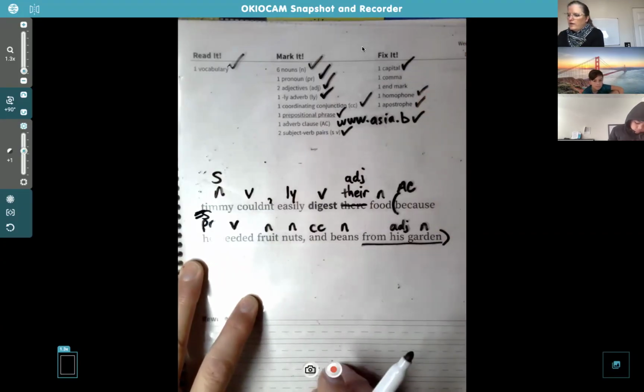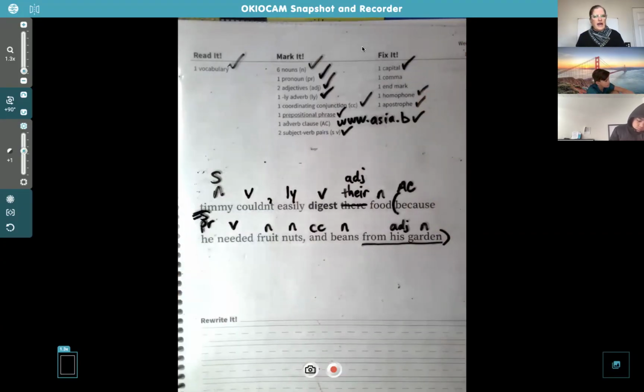All right, Sawyer, we have a comma rule. Do we want to add a comma or take one out? What do you think, Sawyer? Take one out. No, we're actually going to add one, and it has to do with a list of things.